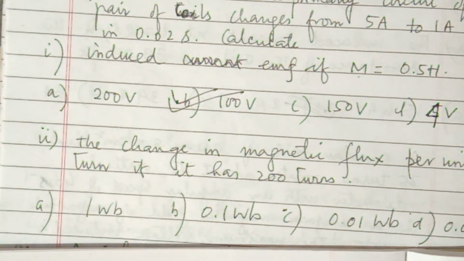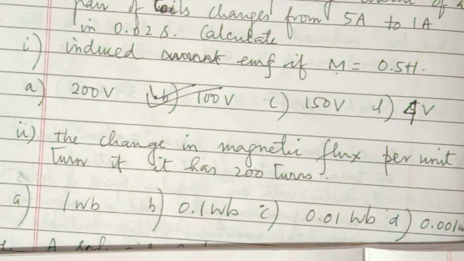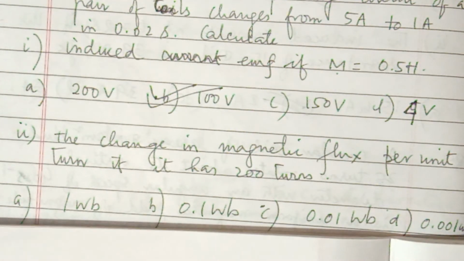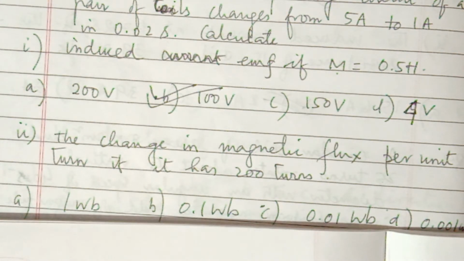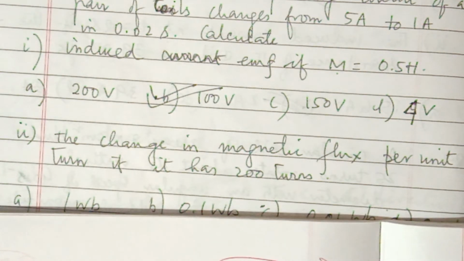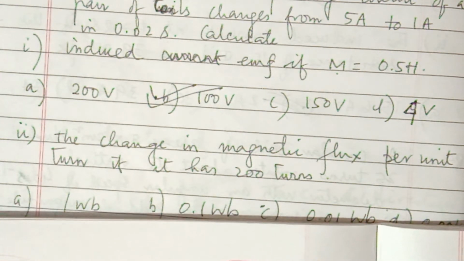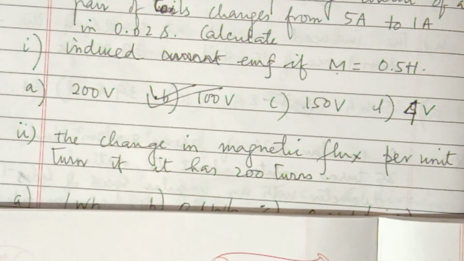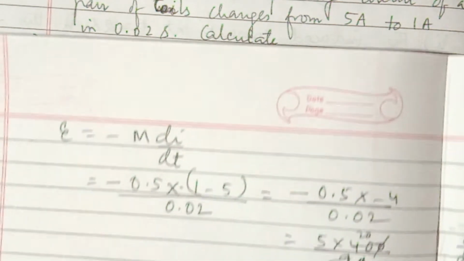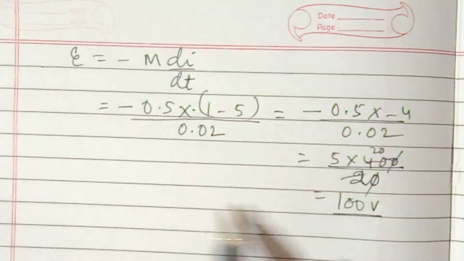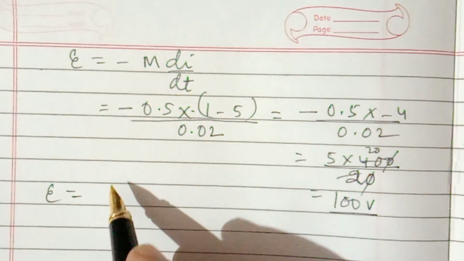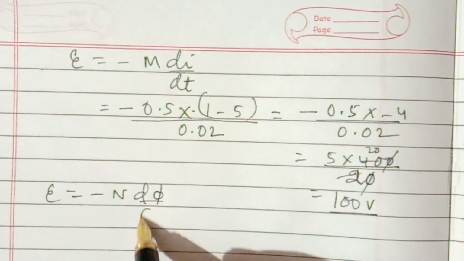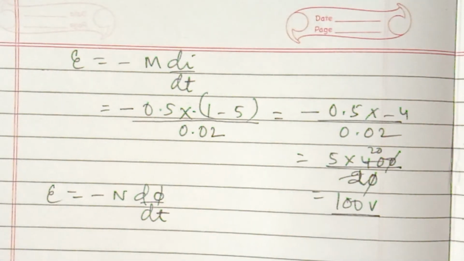Next is the change in magnetic flux per turn if the coil has 200 turns. How much change in flux is taking place? That you have to find. 200 turns are there. Then you can use EMF is equal to minus N d phi by dt from Faraday's law.